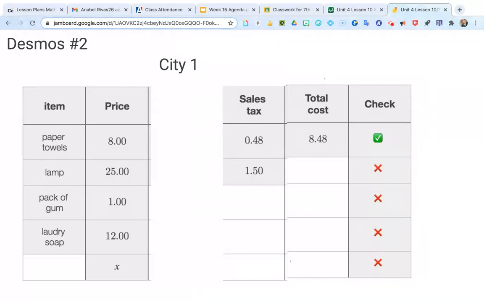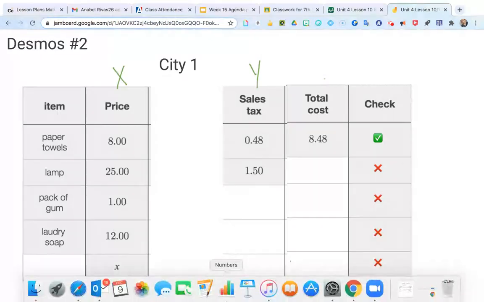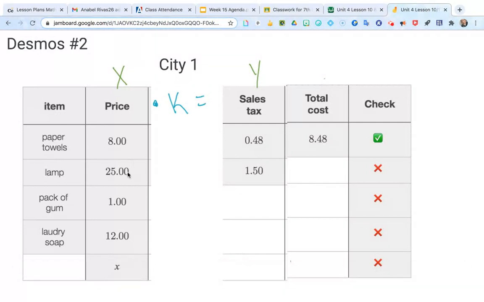So this is like X and Y. Remember we spent 2 months talking about proportional relationships, so finding that multiplier between them. So what is the multiplier between price and sales tax? I'm basically trying to find out what is K. What am I multiplying all of these prices by to get sales tax?